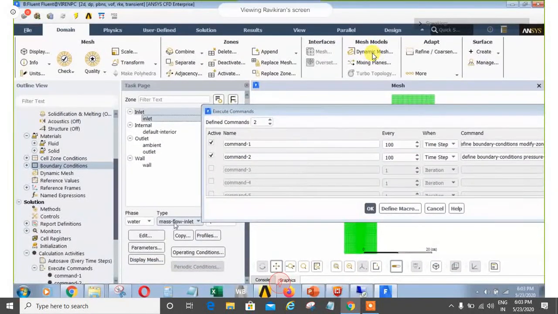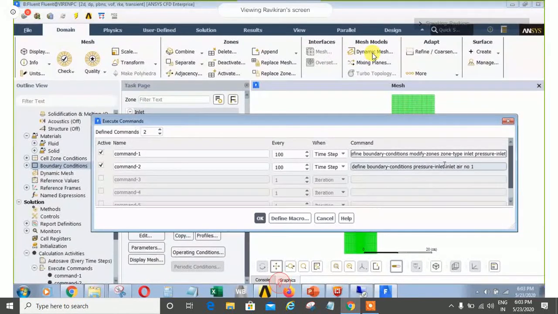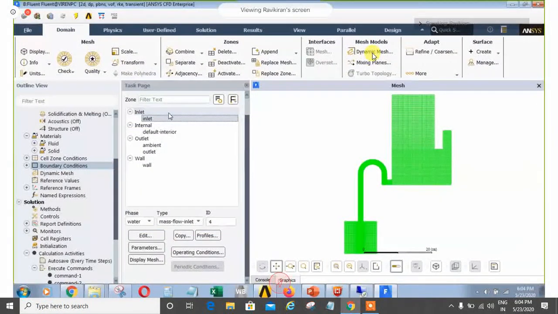Our inlet is the mass flow inlet at the start of the calculation, but after 100 time steps, we are modifying this zone type from the mass flow inlet to the pressure inlet boundary condition, and at the same time, after the 100 iterations, we are defining this pressure inlet for the air. That means we are allowing the air to enter through that particular inlet. At the start of the calculation, we are allowing only water to enter for those 100 time steps.